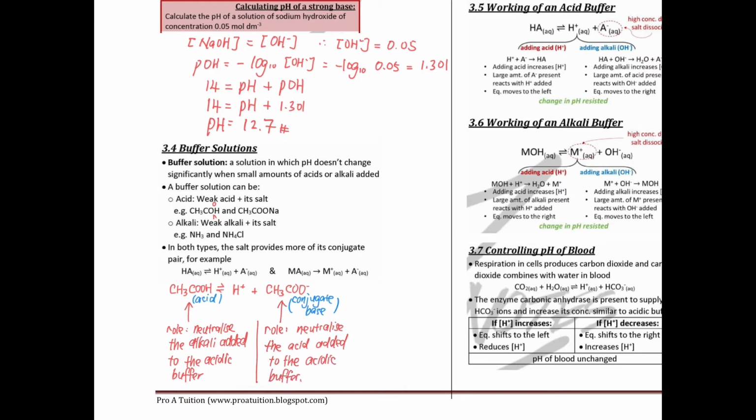From here we understand something: when you add a small amount of acid, the ethanoate ions, which are the conjugate base here, will go and neutralize the acid added. And then the buffer will have no change in pH.